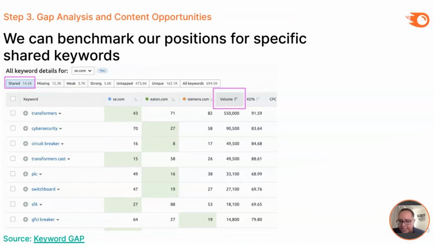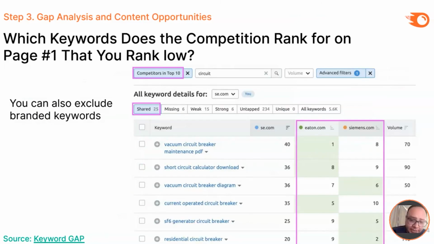Okay, Iran is in the eighth position, but Schneider Electric or Siemens are on the second and third page of Google. So they have no chance to receive all these 50,000 potential users per month. So Iran here is doing great work, and so on. You can see all the positioning at a glance by comparing their keywords. But again, you don't need to do that for a competitive benchmark.